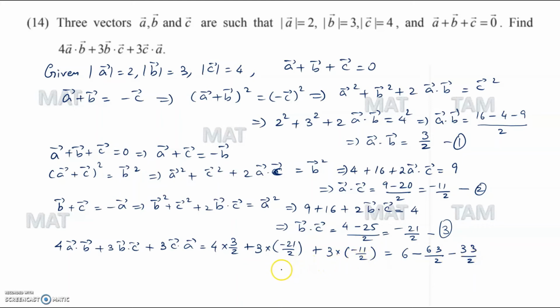Further simplifying this, you would get 6 minus 96 by 2, which is equal to 6 minus 48, and that's equal to minus 42. That's our answer.